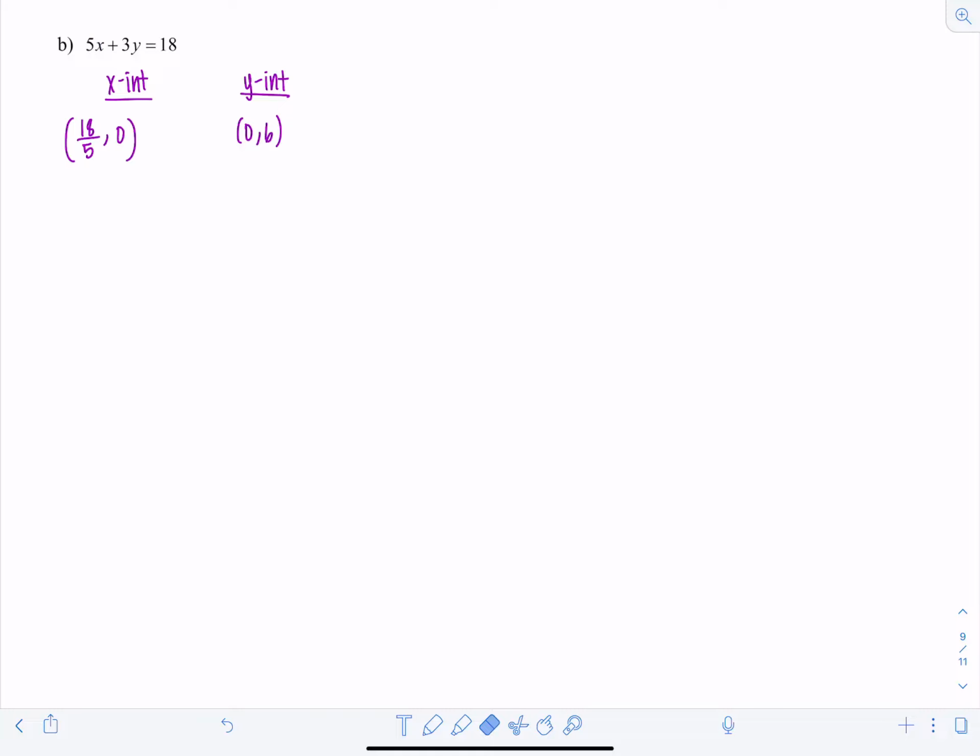Now from here, you might say, ooh, I feel a little uncomfortable graphing 18/5, as you should. It's 3.6. Okay. If you want the absolute most perfect graph, though, it's probably not the best way to go. So, what to do?